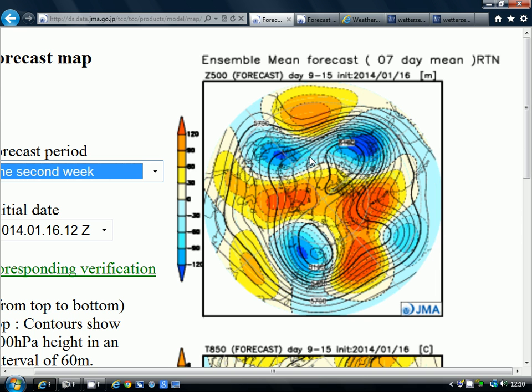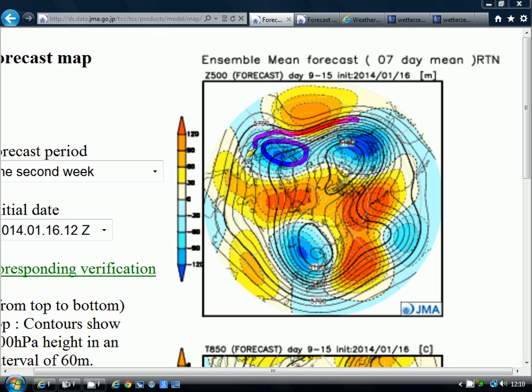Going through to the next weekly period, which takes us from the 24th to the 31st of January, so right to the end of the month, and no real change actually. The blue colours are firmly anchored around the country. The jet stream is coming across the Atlantic, probably just about on the cold side of the jet, but it's not really much of a change there. We're still well and truly under low pressure.